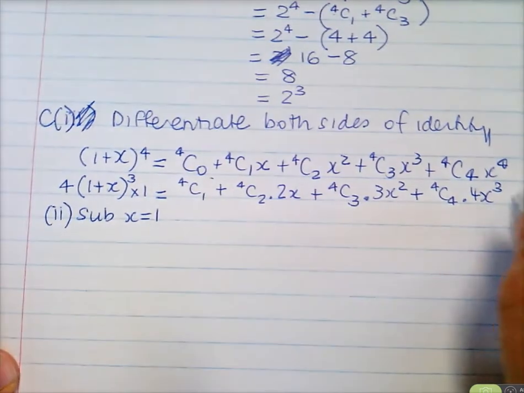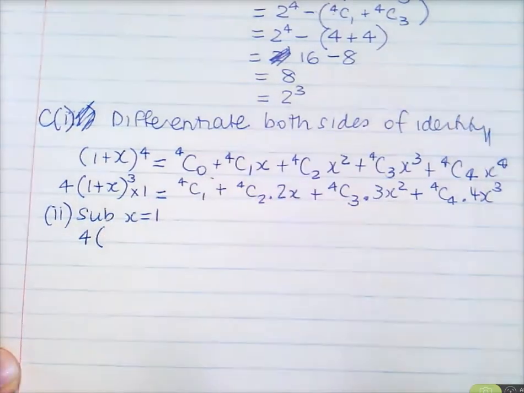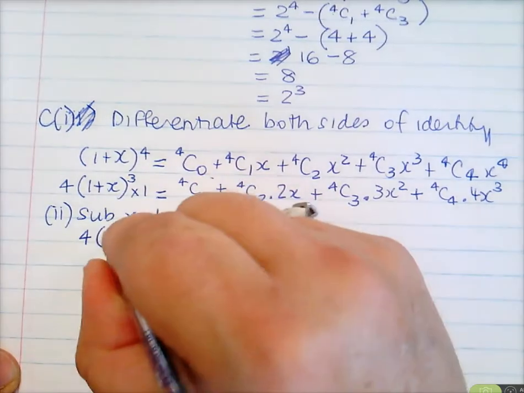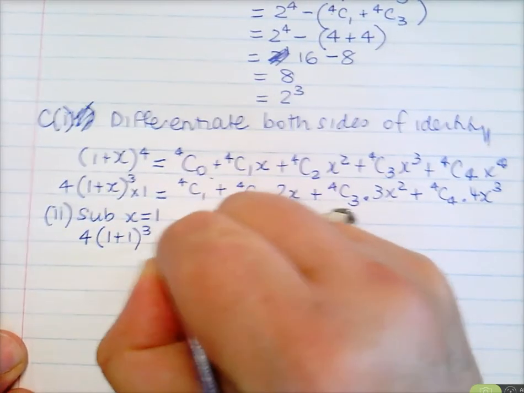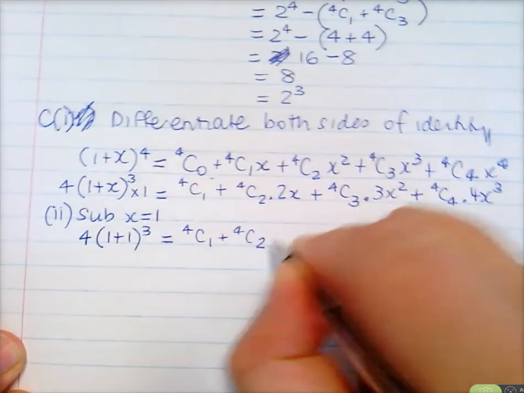Substitute x equals 1 into the differentiated result. What do you get? 4 times, if you put x is 1 in there, what do you get? 4 times 2 cubed, isn't it? 4 times 1 plus 1 cubed equals 4 choose 1 plus 4 choose 2 times what?